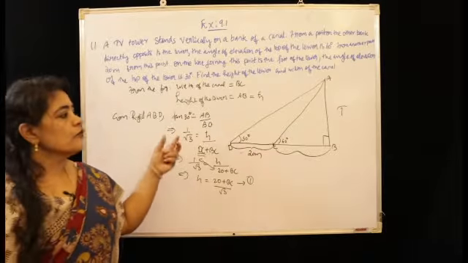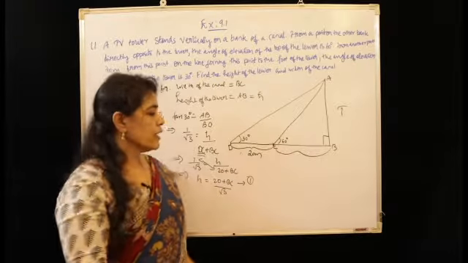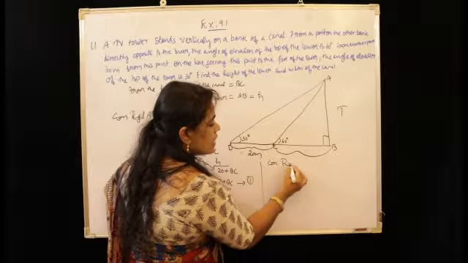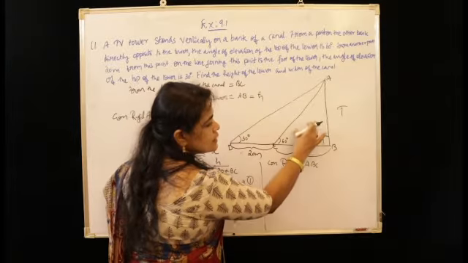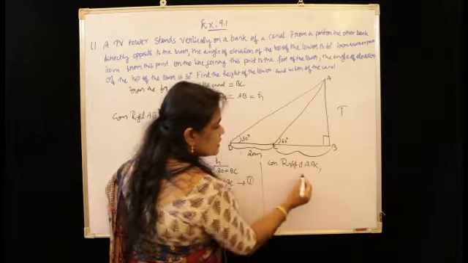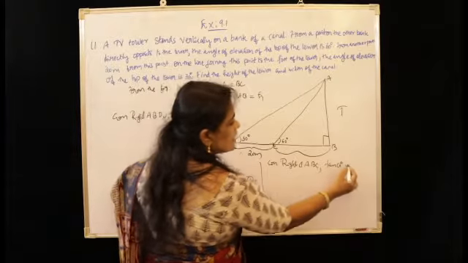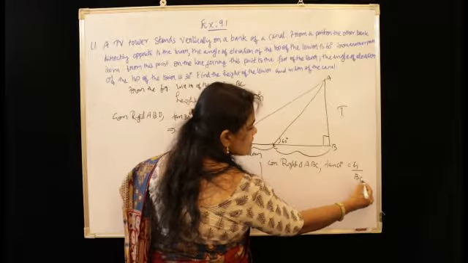Okay, and for forming the second equation we can consider this small right triangle. Okay, that means now consider right triangle ABC, this one. Okay, and we can take its tan of 60 degree, its acute angle is 60 degree, that is AB, that is h divided by BC.